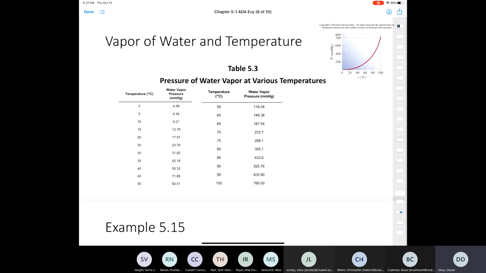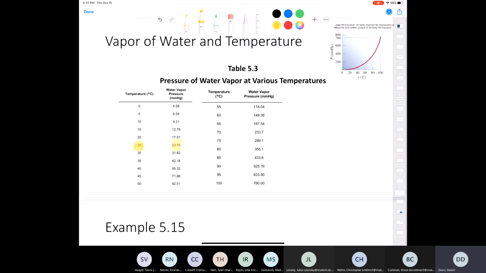So let's say you're doing a reaction at around 25 degrees Celsius. You can see that they've given you the vapor pressure of water in millimeters of mercury. You can convert that to atmospheres, or to pascals or kilopascals.